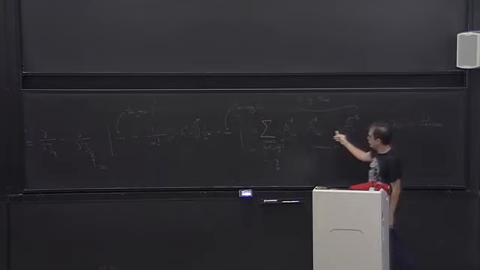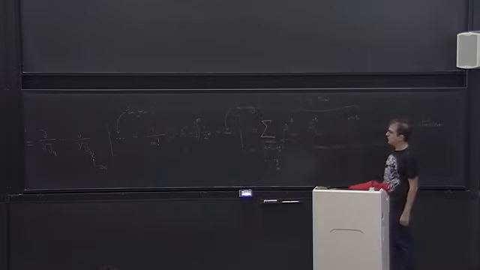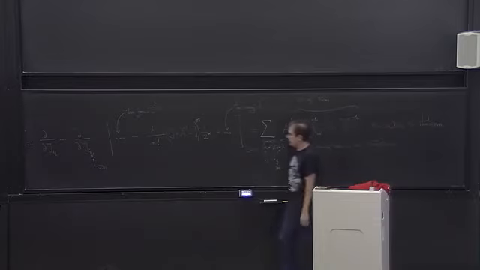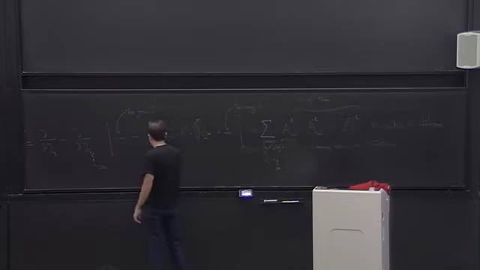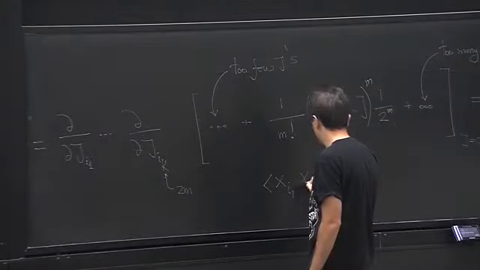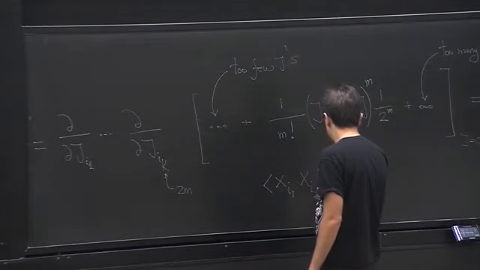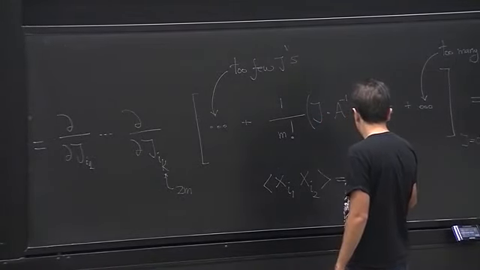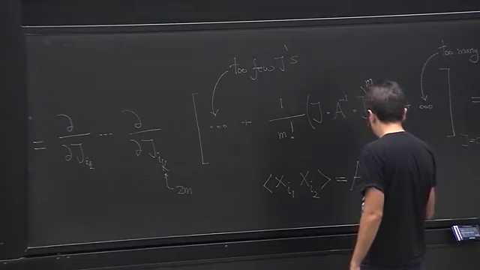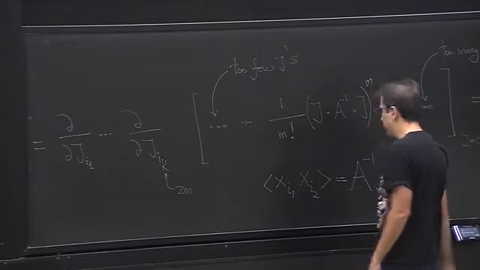We just sum over all possible pairs of the inverse of this matrix A. So the particular case is when I just have a propagator between I1 and I2. This is just the inverse of my matrix A at I1 and I2.